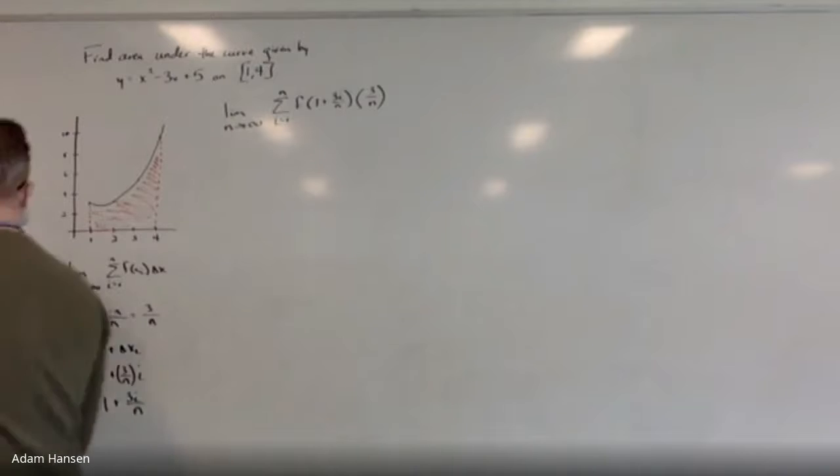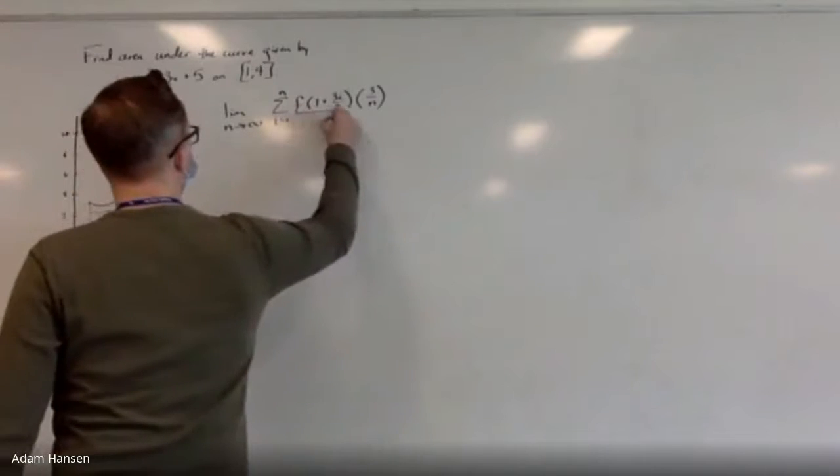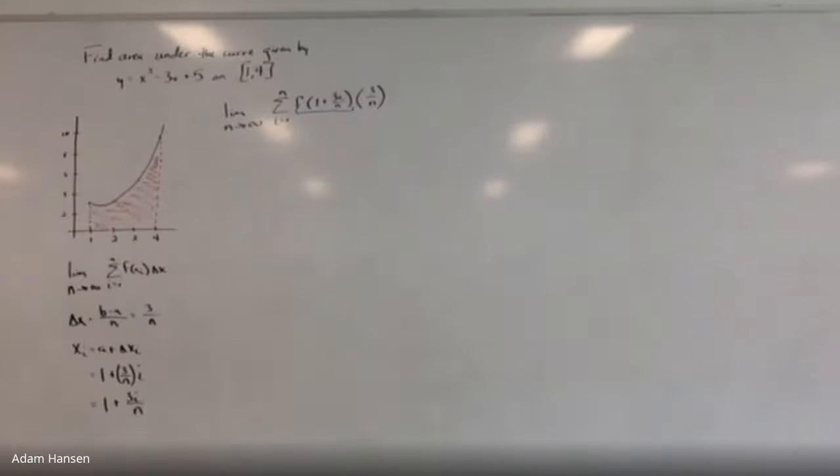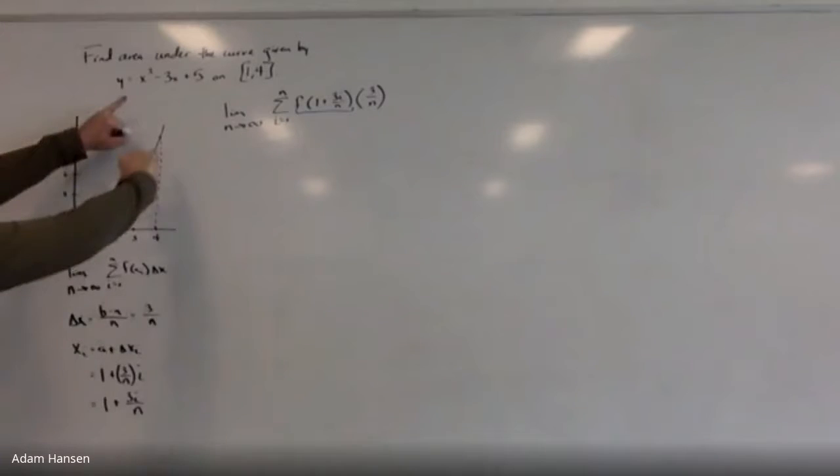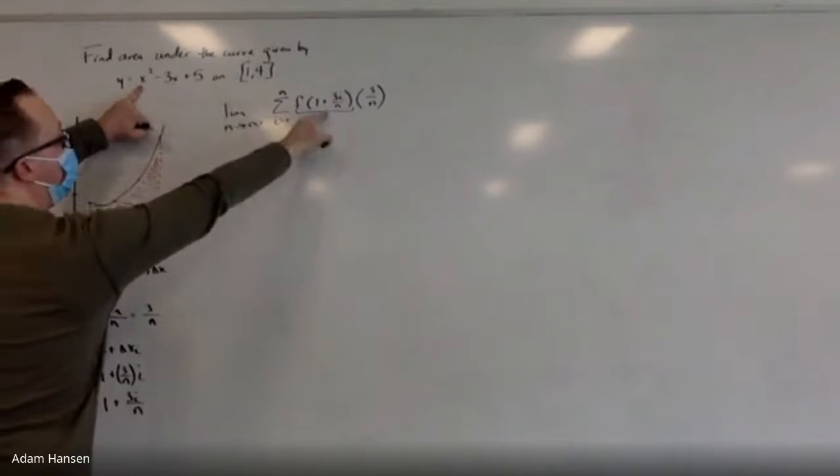With the function notation here, what does that function notation tell me to do with the 1 plus 3i over n? Do the function, right? Replace x with 1 plus 3i over n.